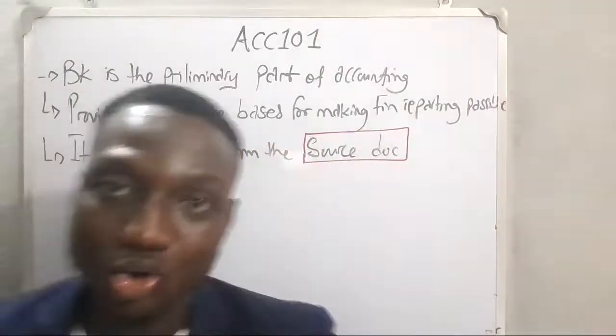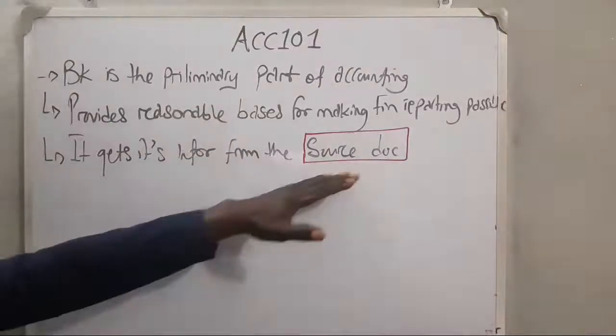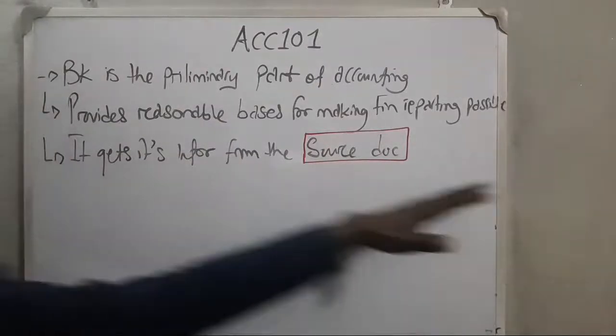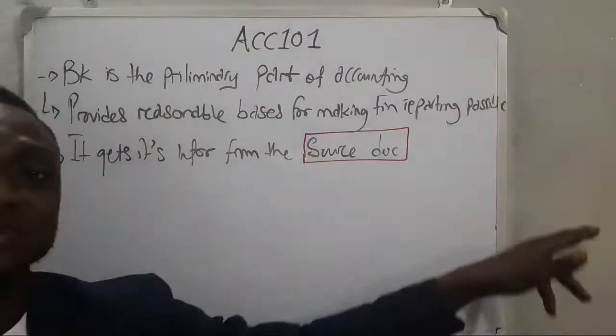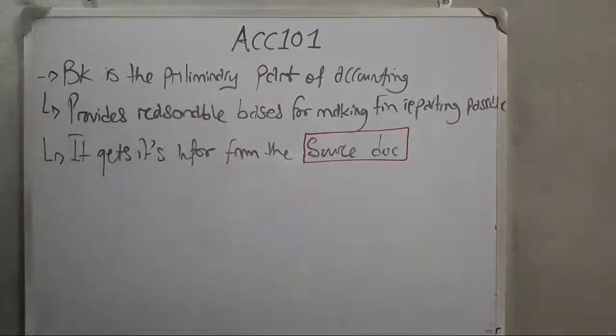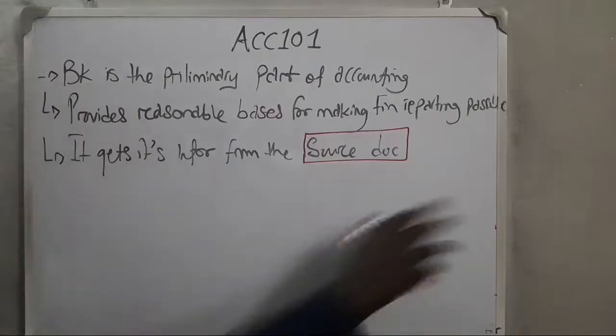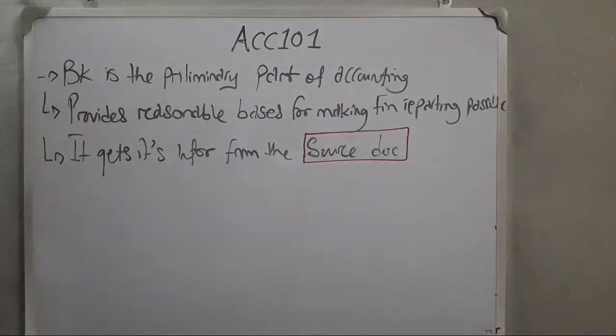Customer takes his, you have yours. This is what we refer to as source document, and this is where you get information to process your accounting system, and this as a whole makes what we call bookkeeping.